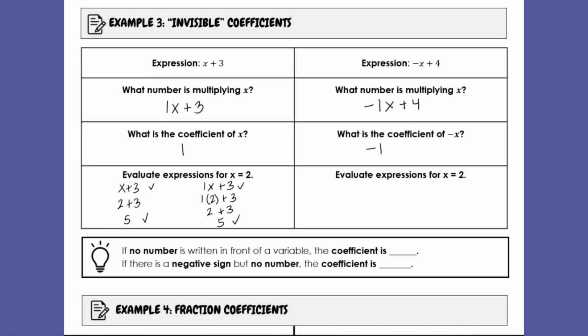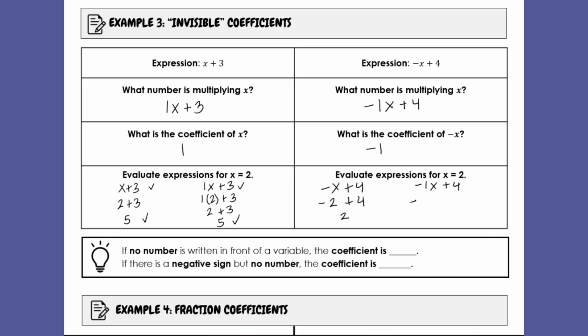Again, we can prove this. If we look at the original expression, -x plus 4, and we substitute 2 again, we would get -2 plus 4, which is 2. Or I can do -1x plus 4.